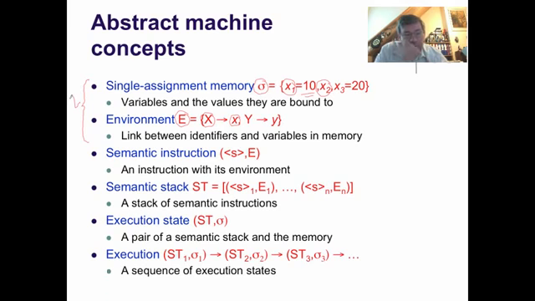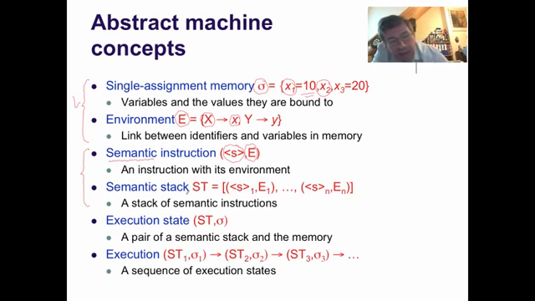But in fact, there's more. There are the instructions. Remember, S here is an instruction in the kernel language. But this instruction by itself is not enough to execute. We have to make a link between the instruction and the memory, and this link is given by the environment. That's what we call a semantic instruction: an instruction together with its environment, so that it knows what variables it's working on.